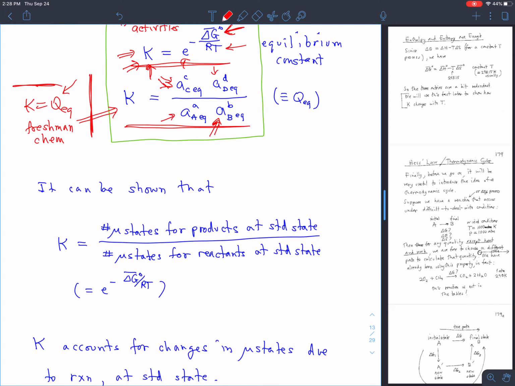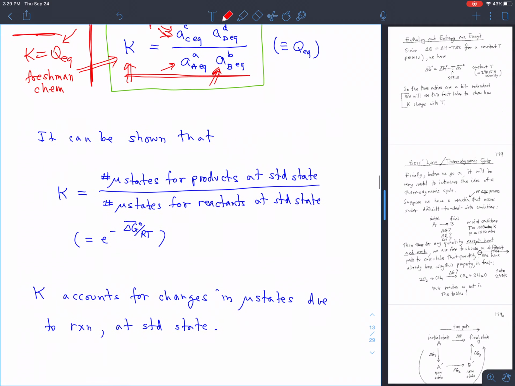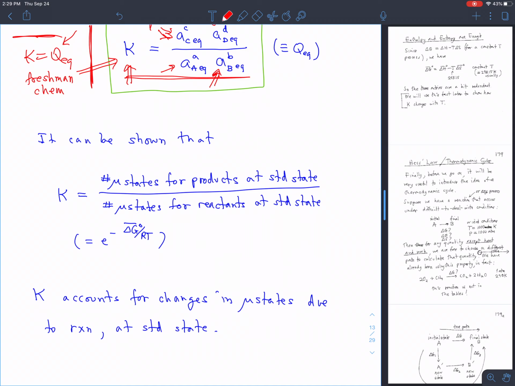All right, one more comment. If this were a two-semester class instead of a one-semester class, we would take the time, because I think it's important and useful, to actually show what this equilibrium constant is from a microscopic point of view, from a statistical mechanical point of view. But since we don't have two semesters, I will just give you the final answer. The equilibrium constant isn't just a funny thing that comes out of the blue and has no meaning.